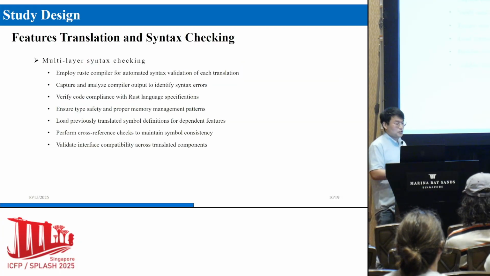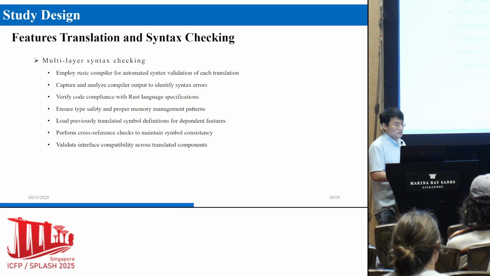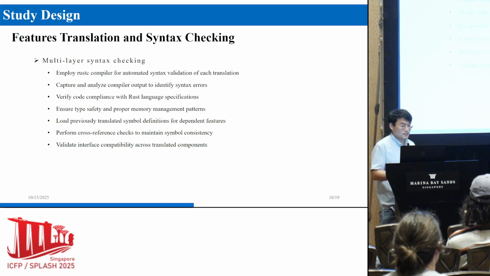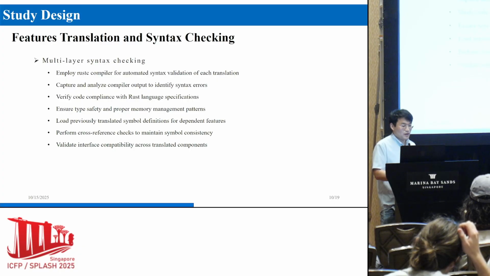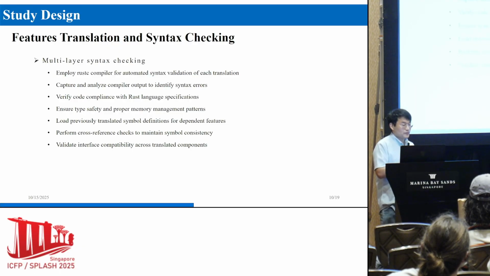After translating each translation unit, we need to apply a syntax checking layer. We employ rustc to check the Rust code and whether its syntax is correct. After it's syntactically correct, we need to add the dependent symbols. We combine them into one independent Rust file and check the dependent symbols are correct.